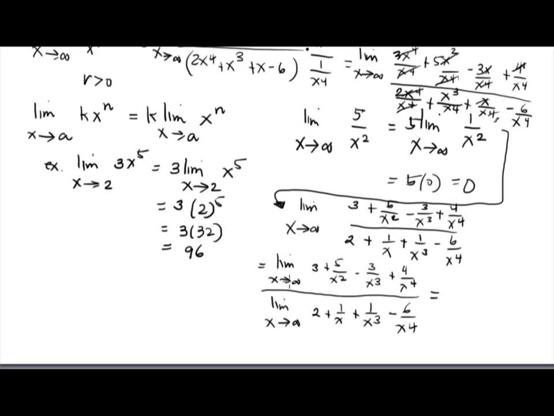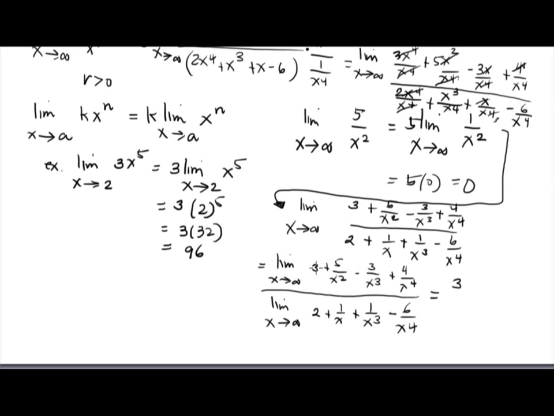So even if this is 1, negative 2, negative 3, 4, 1,000, 1,000,000, the limit of this number will remain as a number. Since I have limited space, I will not be rewriting this into limit of 3, limit of 5 over x squared, limit of 3 over x cubed, limit of 4 over x to the 4. But I want you to follow how I'll be getting the limit of each.